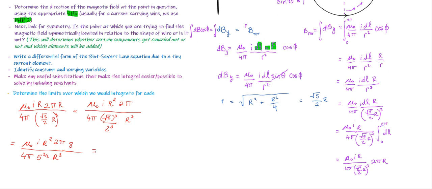Okay, so let's get this a little bit more cleaned up now. So we have this mu naught, we have I. The r squared here and this r cubed will simplify.